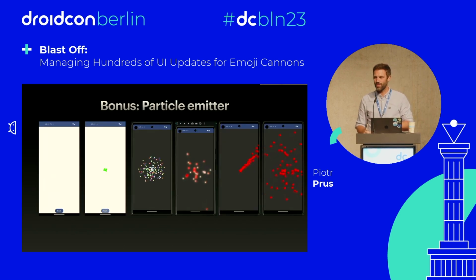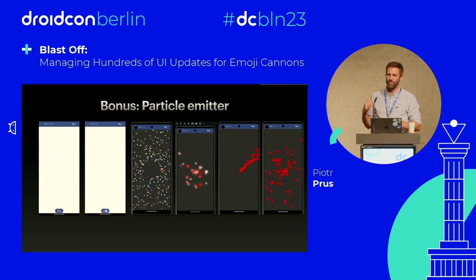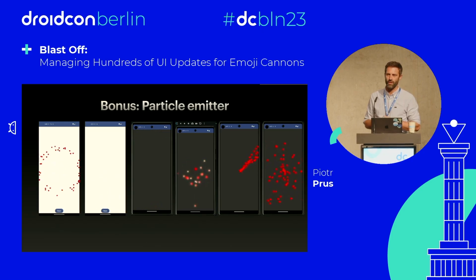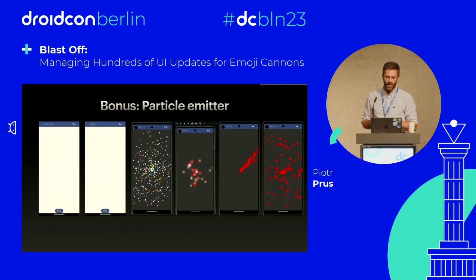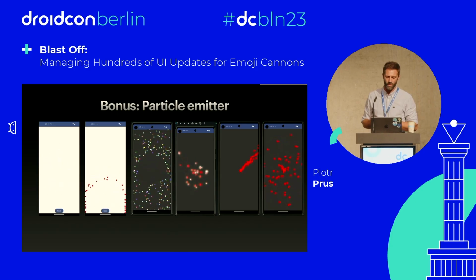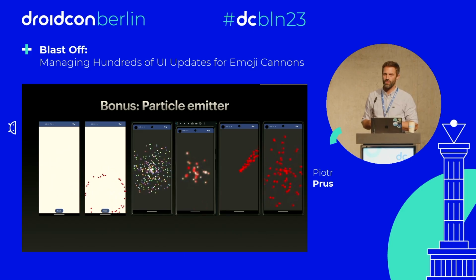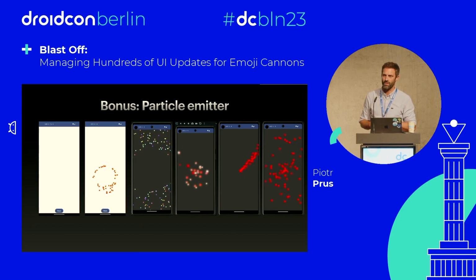And a bonus to this topic: I'm currently using this exact approach to build a particle emitter. I might be open sourcing it later this year. Here you have some cool examples of how you can use that without any freeze. I went up to 100,000 simple composables, like a circle or something, and it works.